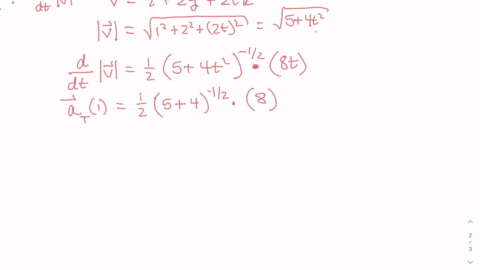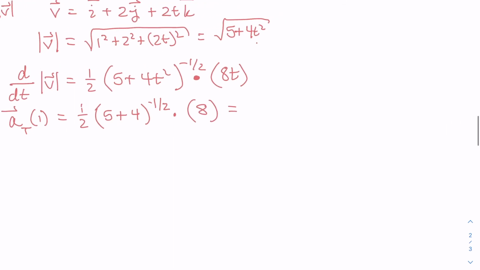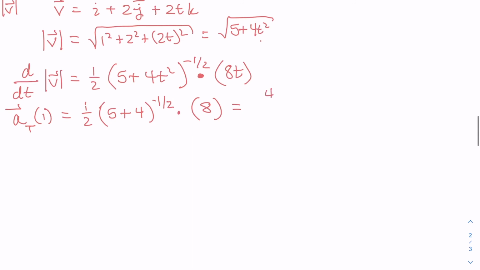And what does that simplify down to? So 8 divided by 2 is going to be 4 times the square root of 9 in the denominator, which gives us 4/3. So 4/3 is the amount of acceleration in the tangential direction.